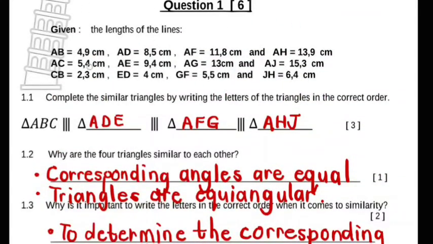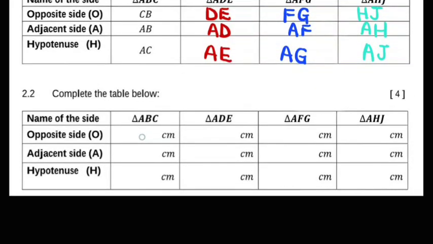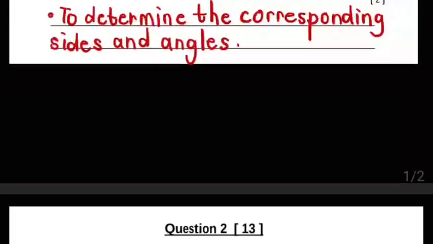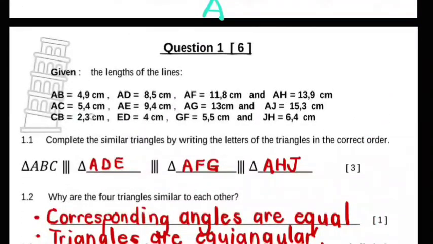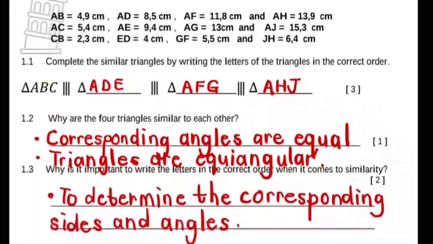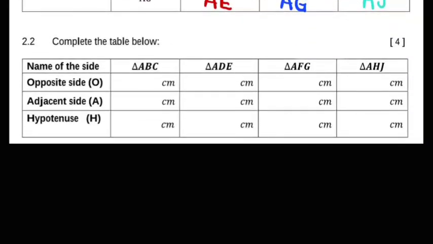All we have to do is find it and fill it in. So the first value we had in 2.1, let's go vertically, is CB. The corresponding value for CB, if we scroll up, is 2.3 centimeters. So there we have it, 2.3.